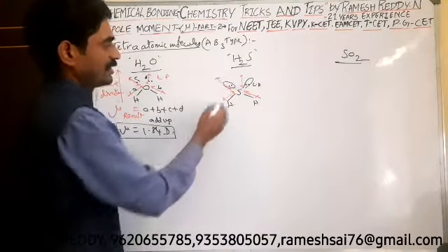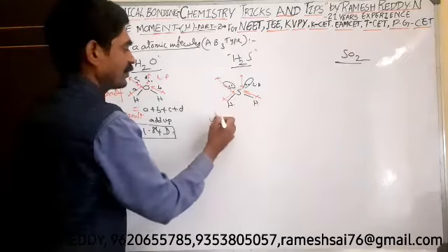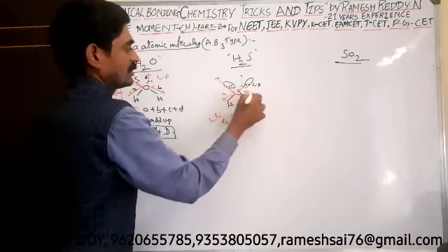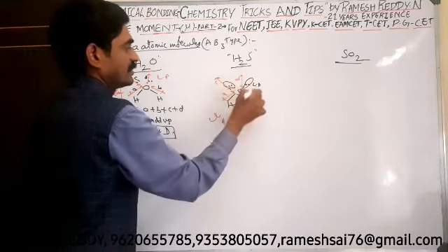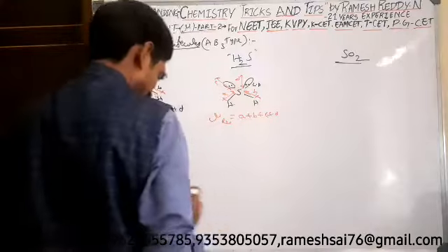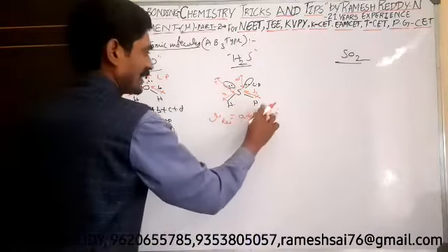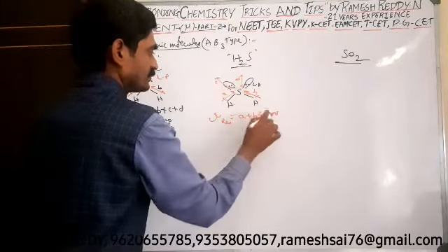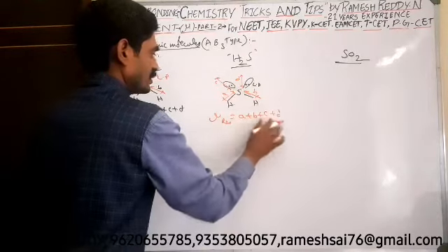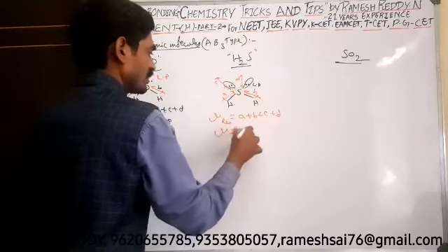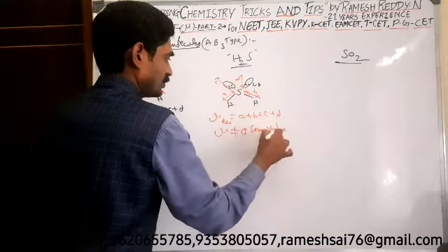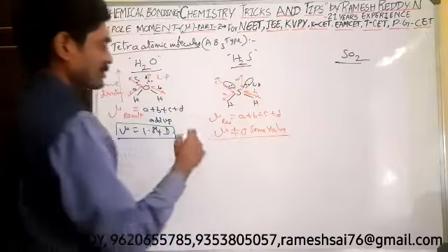Here also, the resultant dipole moment is equal to A plus B plus C plus D. Then you will get some value. It is also not equal to 0, my dear students. There is some value.